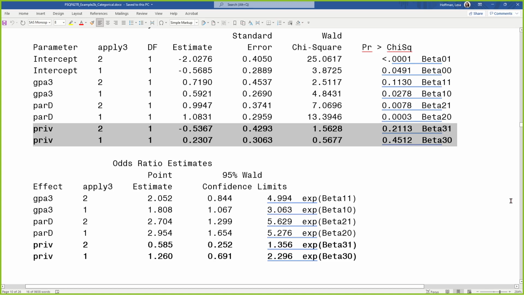I really don't want to lump slopes together if they're in opposite directions. So the log odds are lower if you went to private college for predicting, yes, I'm definitely going to go to grad school. But the log odds are higher for predicting maybe or yes than no.